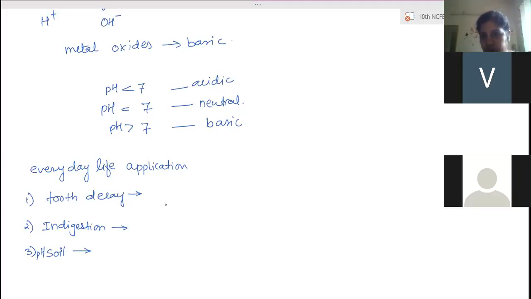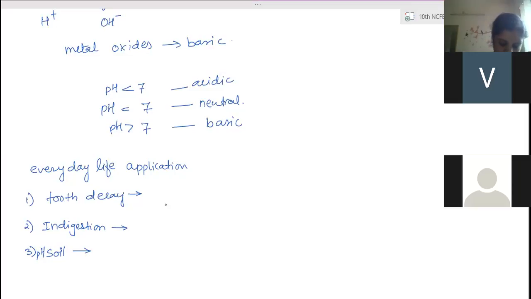The pH of soil should usually be near neutral, but due to acid rain and other reasons, it can become acidic. By knowing the pH of the soil, the farmer can use manures or fertilizers to treat it, depending on whether the soil is acidic or basic. Generally, some crops grow in basic medium, some crops grow in neutral medium.